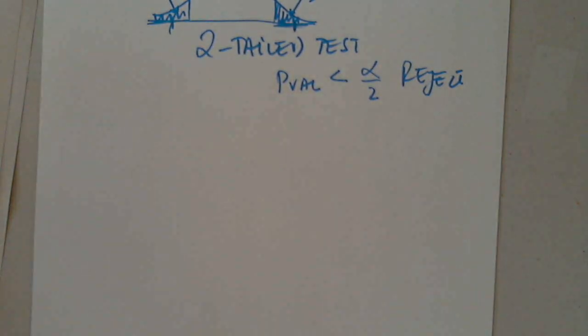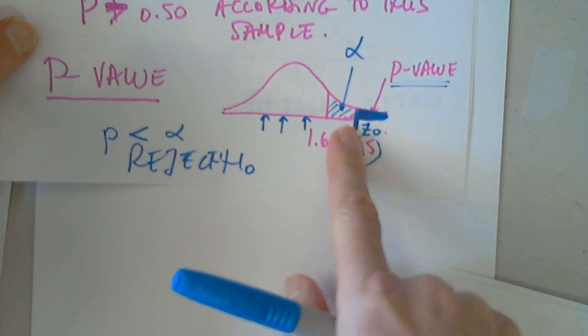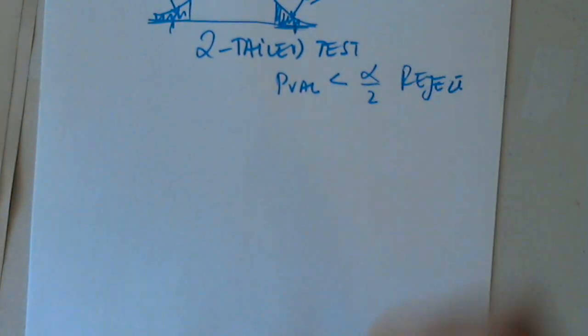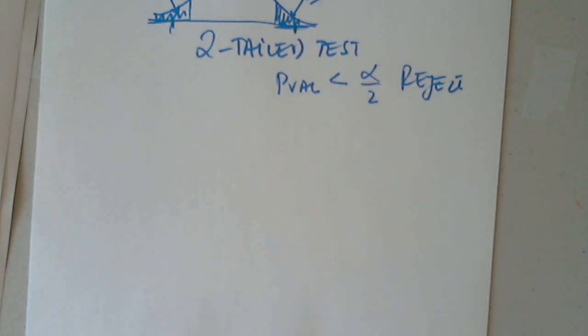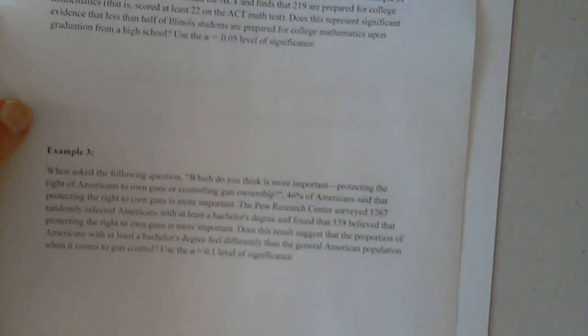In the previous case, it represented the entire alpha, because this was a one-tailed test. But when we talk about a two-tailed test, and we'll look at an example in a minute, I have to worry about alpha over 2. Moving on to the next one.